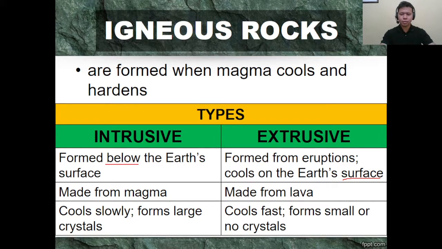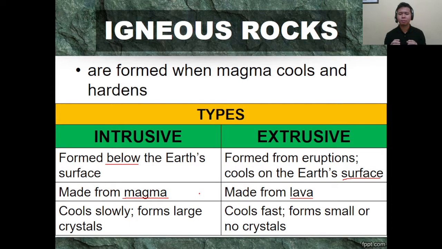Now, intrusive igneous rock usually cools down from magma, while the extrusive igneous rock forms when lava cools down on the surface. And lastly, since intrusive igneous rock is trapped inside the Earth's crust, the cooling process is very slow, wherein it is capable of forming larger crystals.